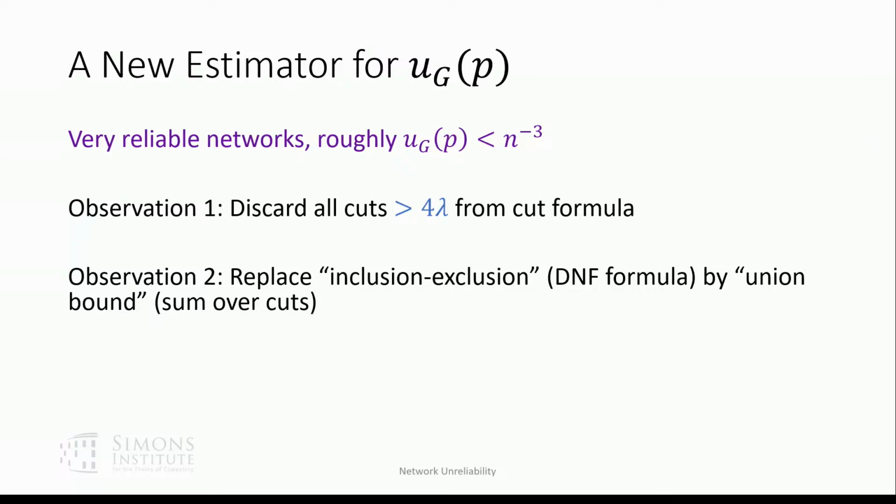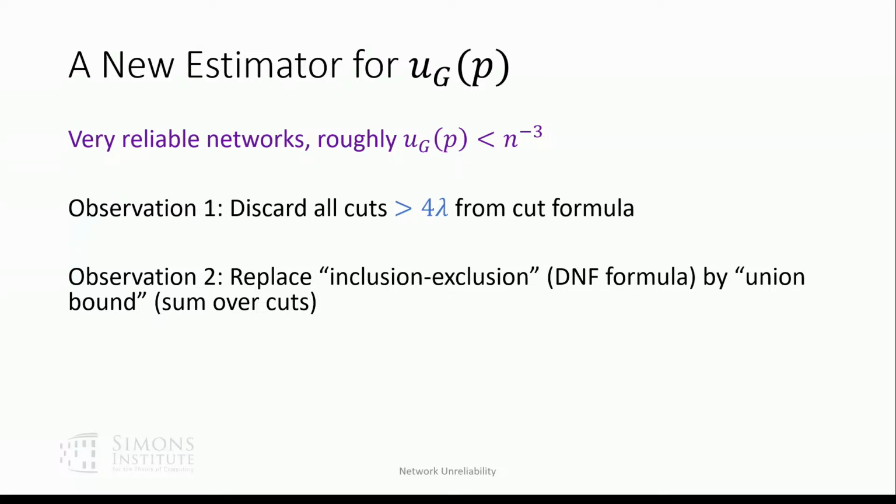But notice that we are in very reliable networks. So already one cut failing is a very unlikely event. Two cuts failing is an even more unlikely event. So it turns out that if you are in this range where u is less than n to the -3, you don't need to do all this fancy inclusion-exclusion.